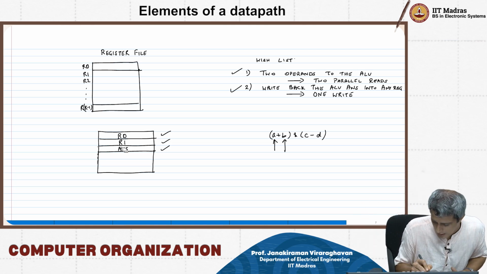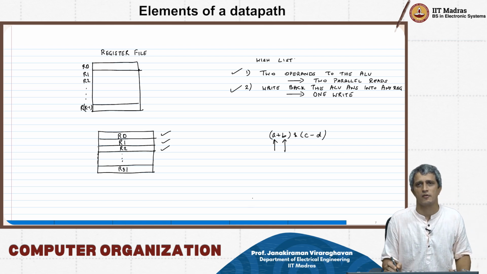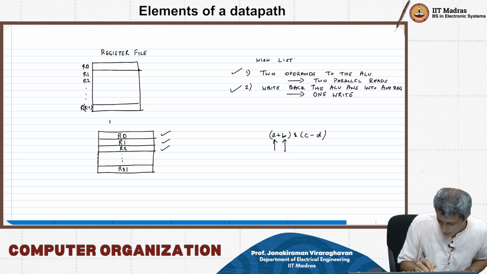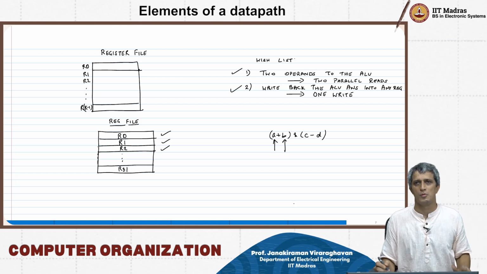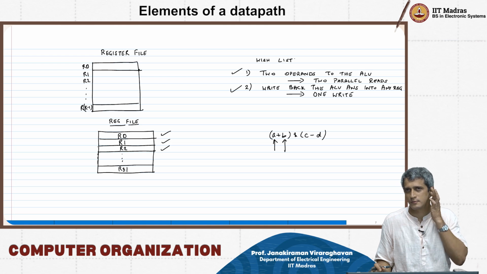So therefore, I will say that the wish list is R2 all the way to R31. Let's say I want to implement a register file like this, okay? Which is 32 bits each, and there are 32 such registers, right?